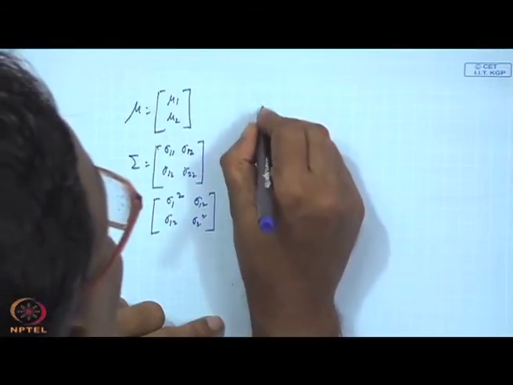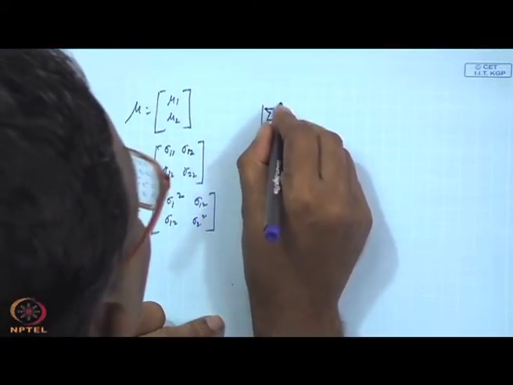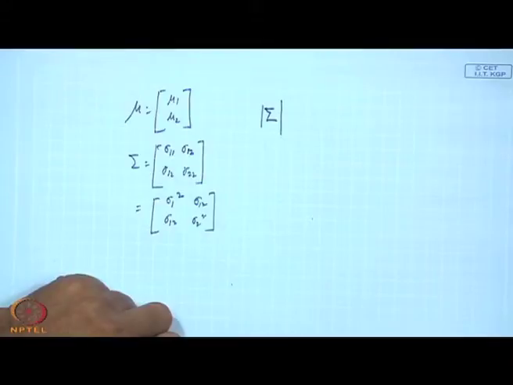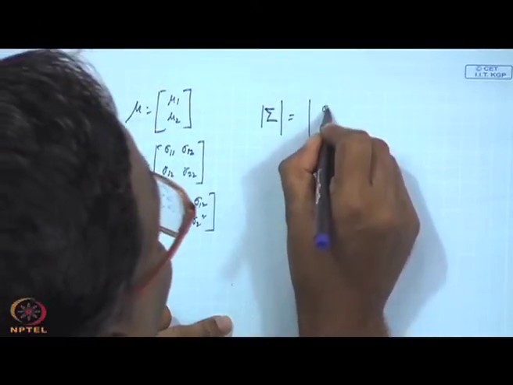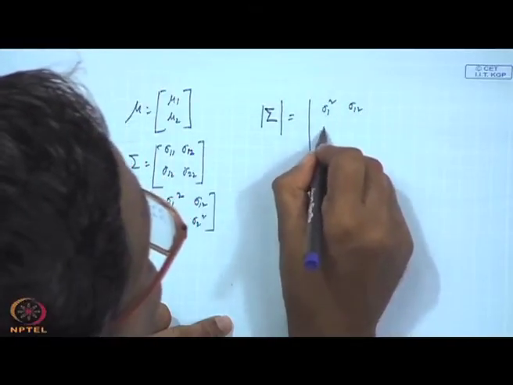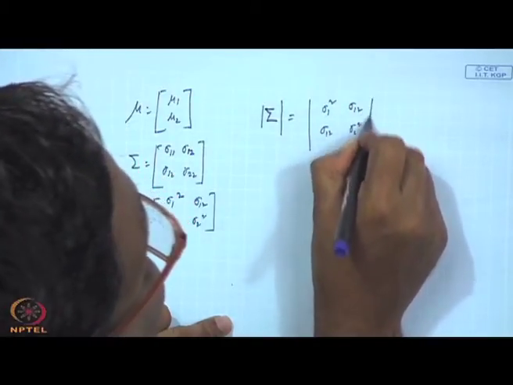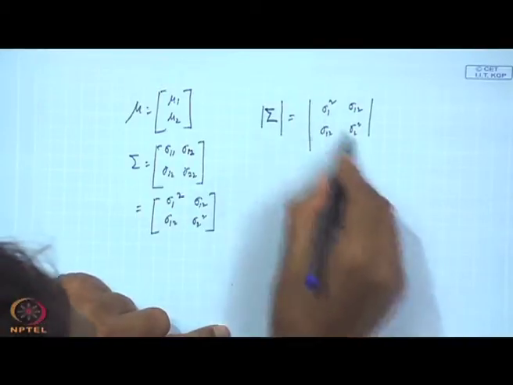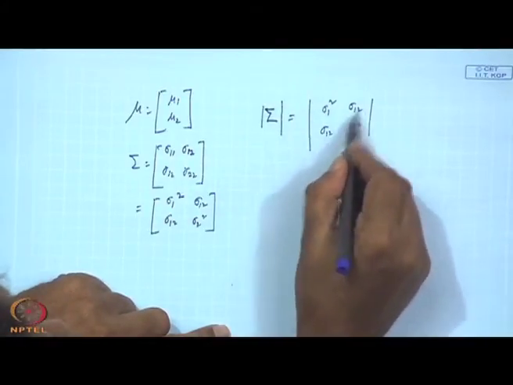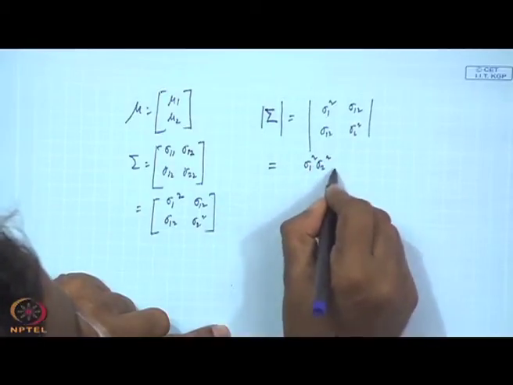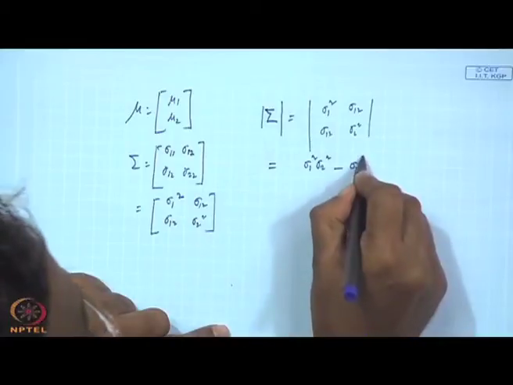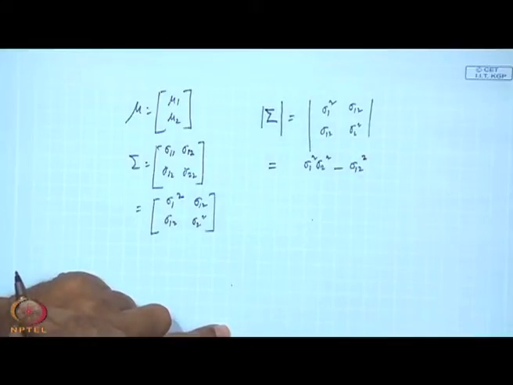Okay. So, if I take the determinant of sigma, what is the determinant of sigma here? Sigma 1 square, sigma 1 2, sigma 1 2, sigma 2 square. You know that the determinant will be this cross this minus this cross this. So, this one is sigma 1 square sigma 2 square minus sigma 1 2 square, correct.